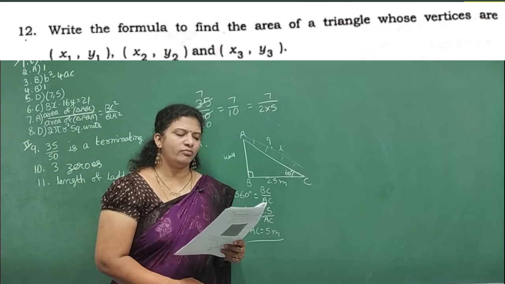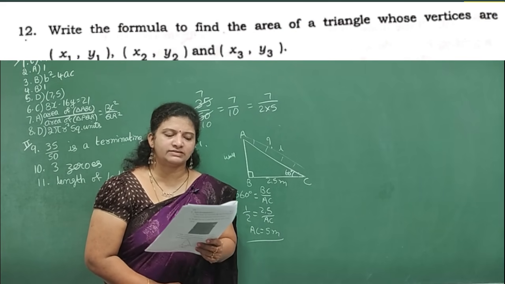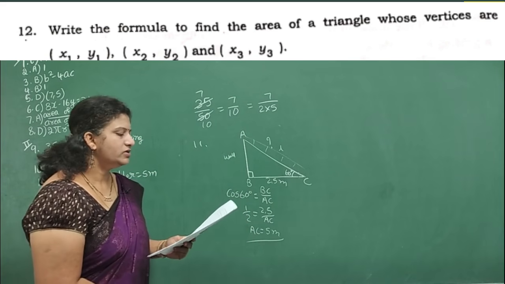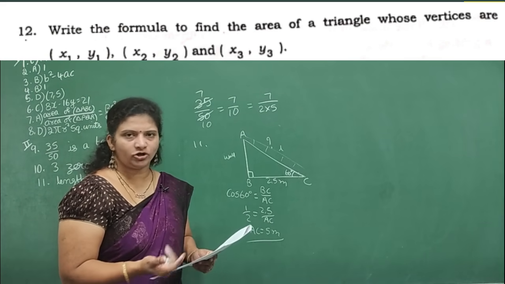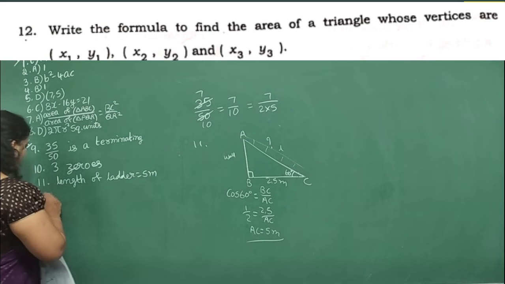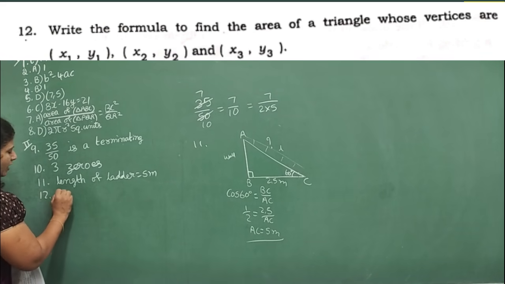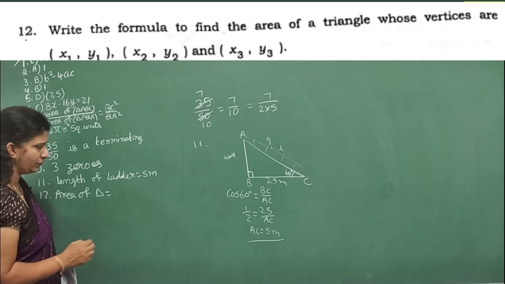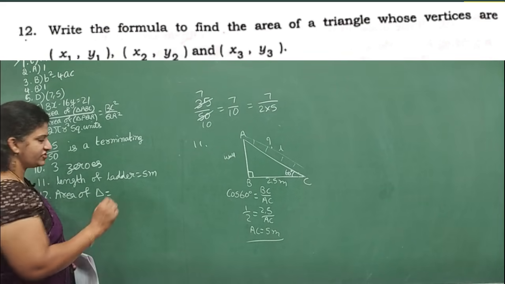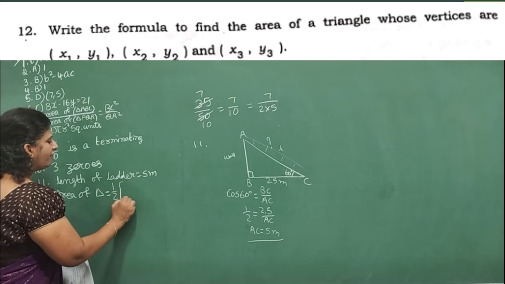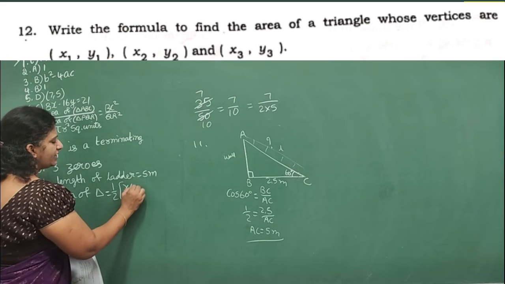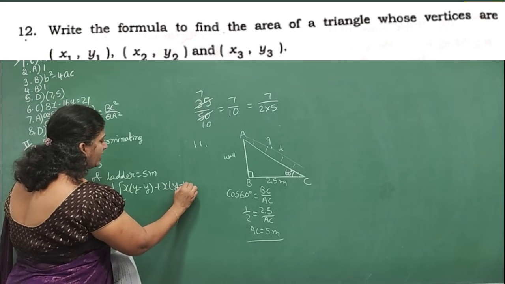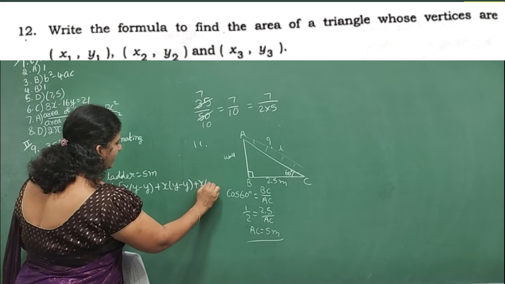12th one, write the formula to find the area of a triangle whose vertices are x1, y1, x2, y2 and x3, y3. So as usual, you have the same coordinates. Write the original formula. Area of triangle is equal to, an easy technique I'll say, children, just observe here: half into x1 into y2 minus y3, plus x2 into y3 minus y1, plus x3 into y1 minus y2.